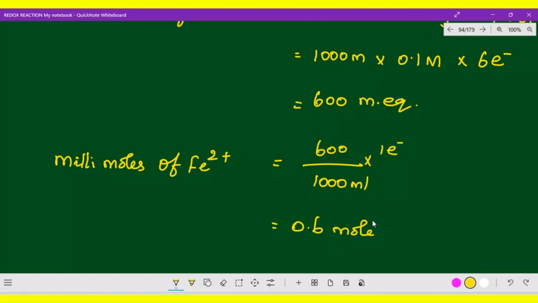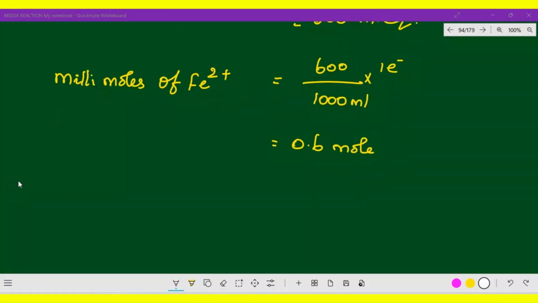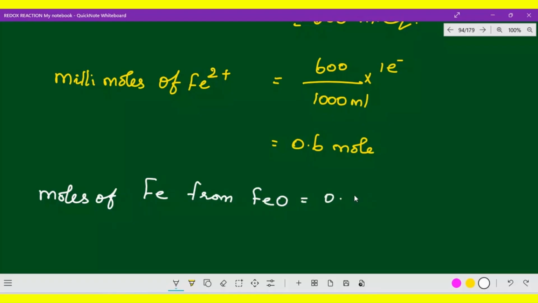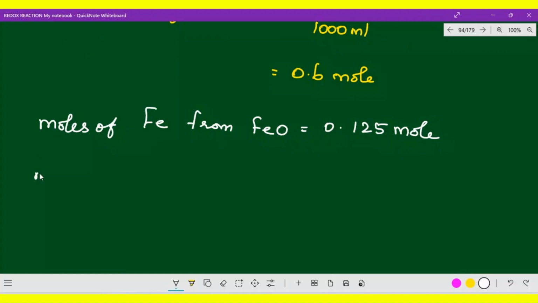Now next one, here we have to identify the difference. So how to identify the difference? Moles of Fe from FeO, that means ferrous oxide, how much? 0.125 mole, right? And the same way, moles of Fe from Fe2O3.